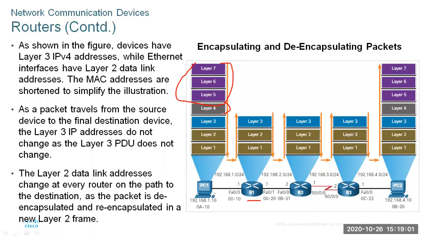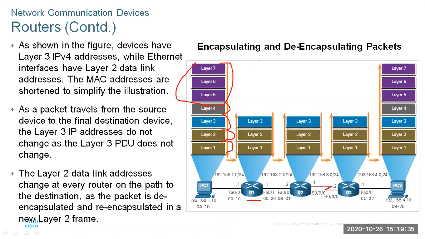Layer 4 will now segment it and add the TCP or UDP header and then send it down to layer 3. Layer 3 will now package it into packets and send it down to layer 2. Layer 2 will package it into frames, with frame header and trailer, and send it to layer 1. Layer 1 will now break it down into binary bits and format it based on the type of network media that is connected to it.